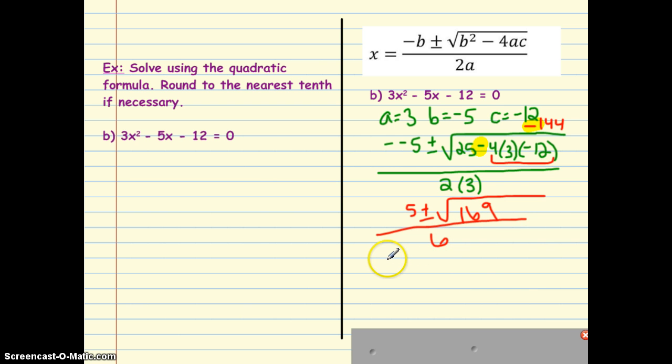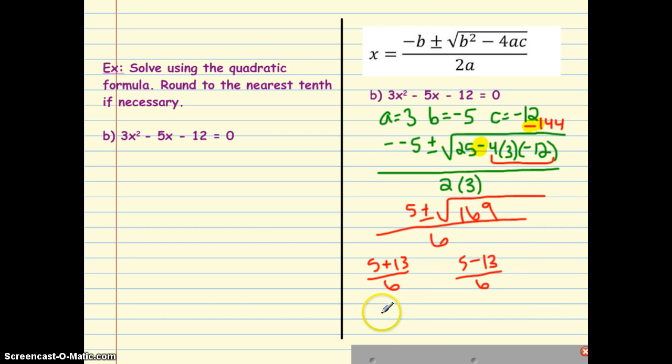So we will have 5 plus 13 over 6, and 5 minus 13 over 6. And if we were to clean that up further, we'd have 18 over 6, which gives us 3.